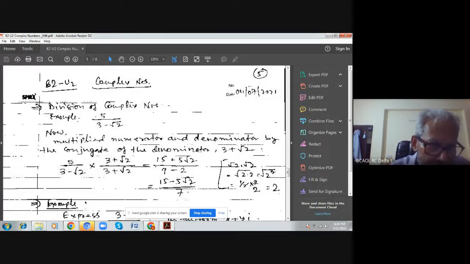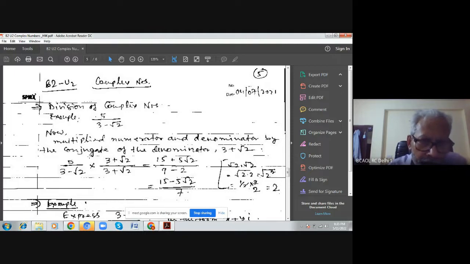In this case, you see 5 by 3 minus root 2. When you take the conjugate, simply the sign changes. That is the only change you have to keep in mind. So the conjugate is always changing the sign. After that it is very easy.